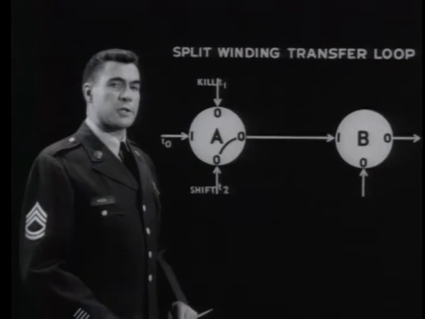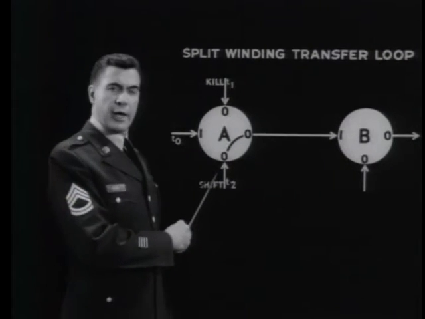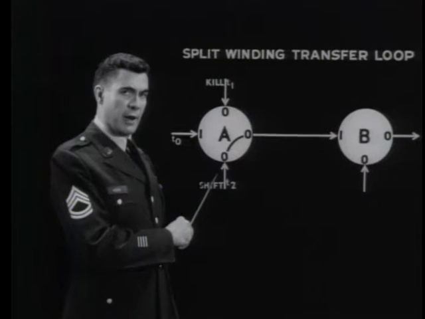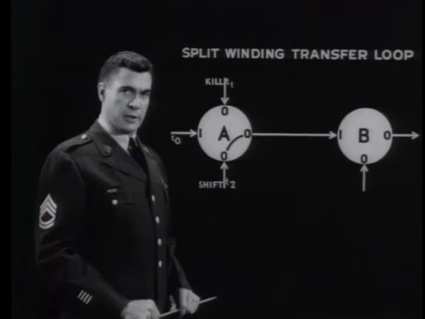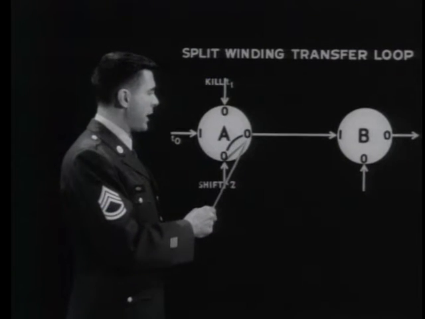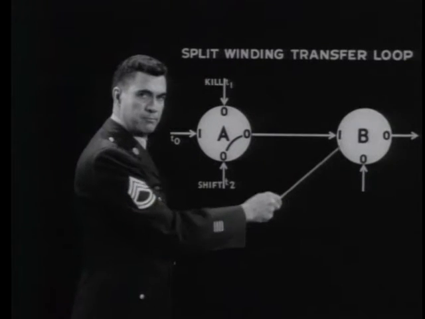Incidentally, to illustrate the split winding, the shift arrow is placed here at core A in the logical diagram and not at core B, because this shows its function to clear core A back to 0 and at the same time put a 1 in B.